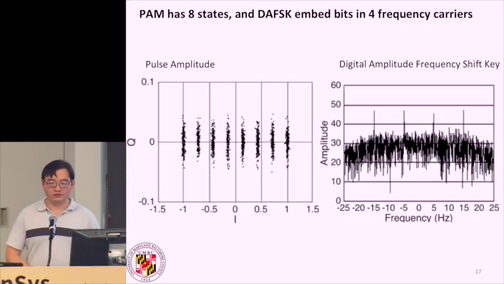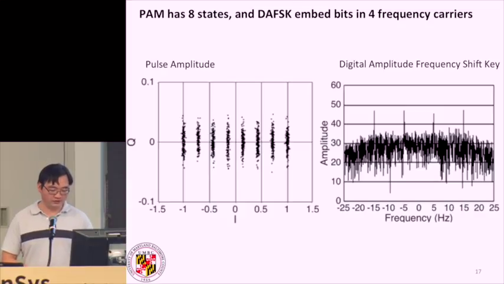Again, this is just showing some of the raw data. So we did two different types of modulations. We did pulse amplitude, which is similar to the alphabet scheme, which kind of inspired it. So in the pulse amplitude, the PAM modulation, we had 8 different states, and these 8 different states basically transmit ones and zeros.